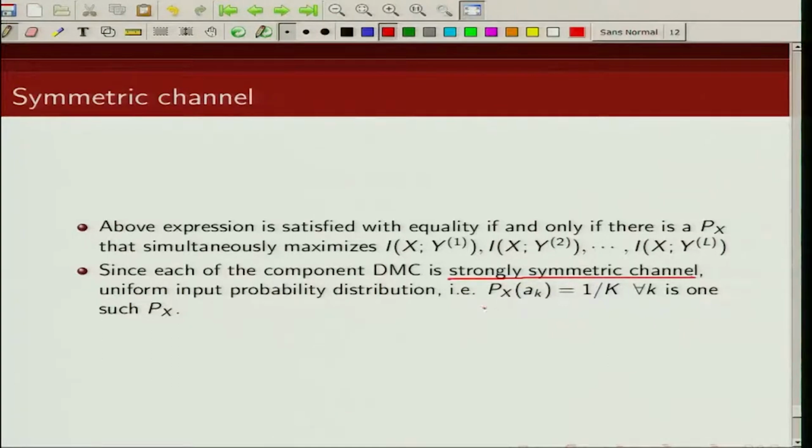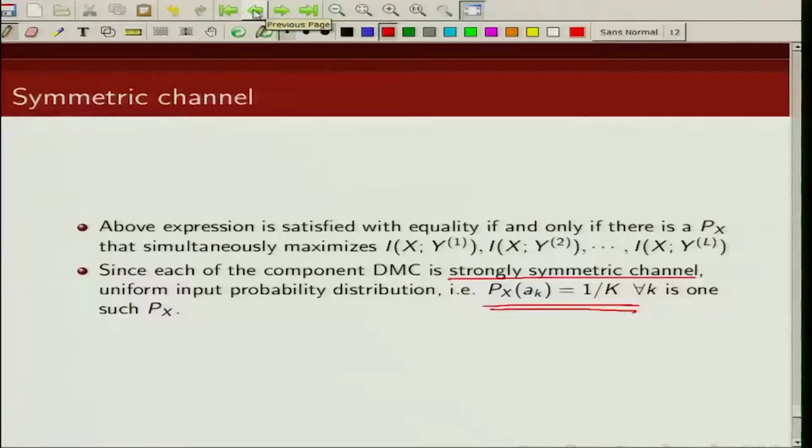So this is the uniform input distribution that simultaneously maximizes the mutual information of each of these discrete memoryless channels. Hence, the capacity is given by the summation of the selection probability multiplied by the individual capacity, summed over all such L discrete memoryless channels.